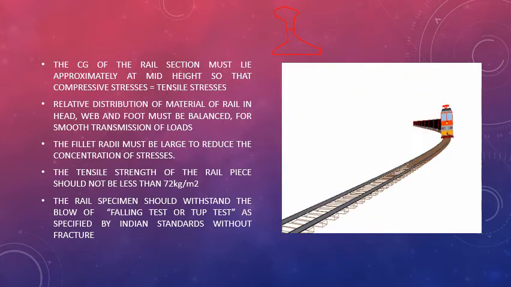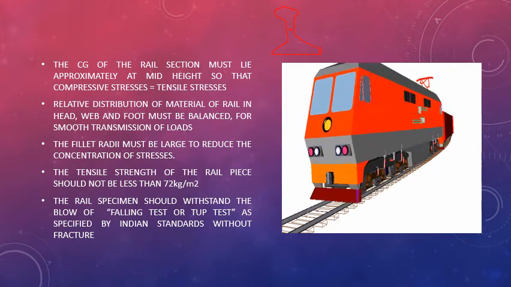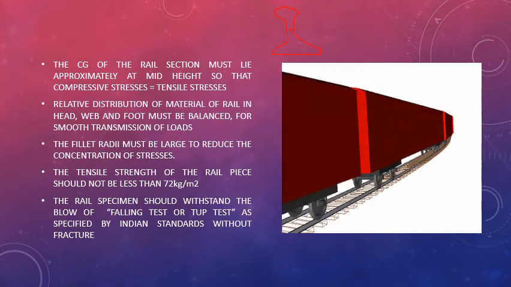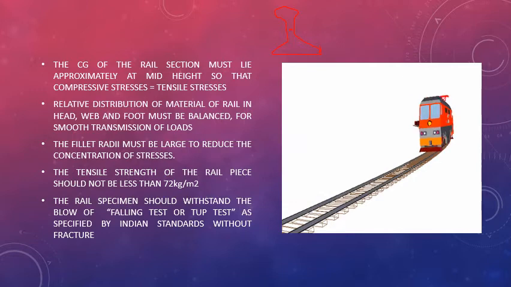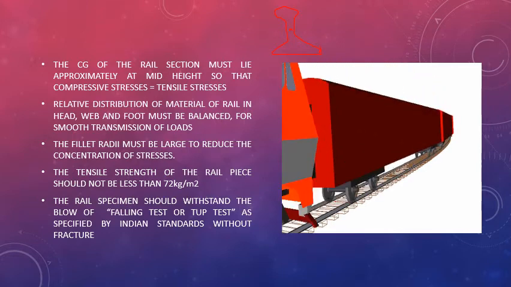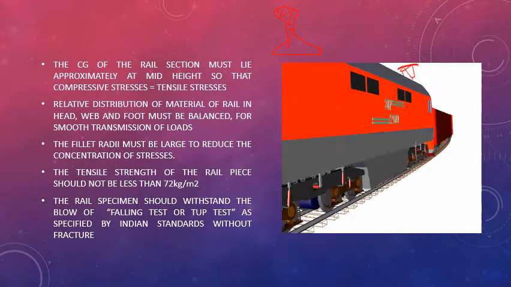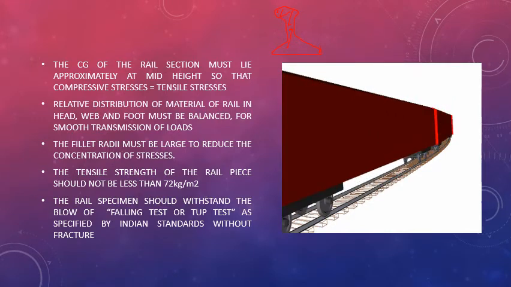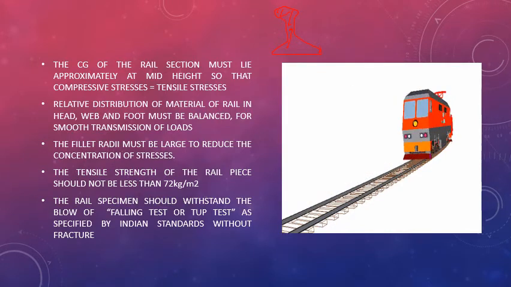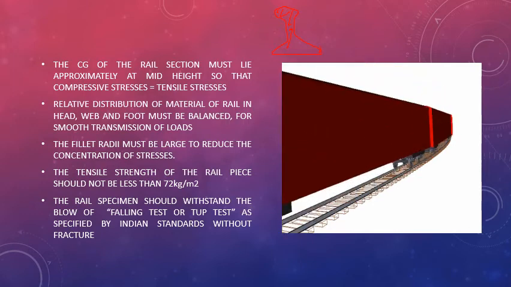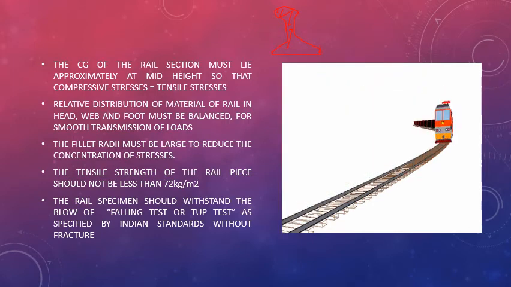And the relative distribution of material of rail in head, web and foot must be balanced. So we have to ensure that the material distribution is same all over the section, in the head, in the web as well as in the foot. Then only we can ensure the smooth transfer of loads.